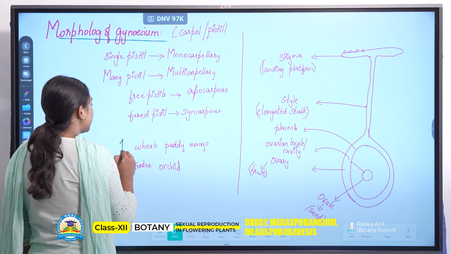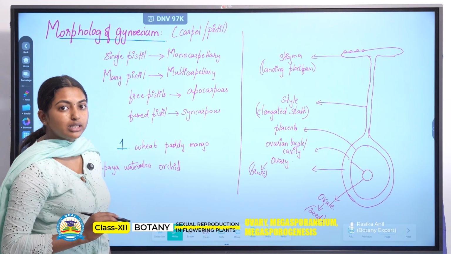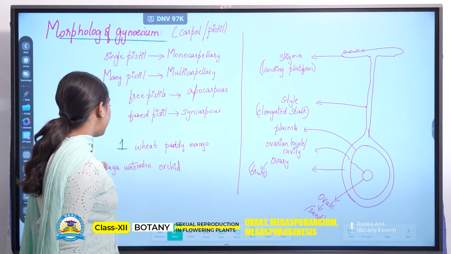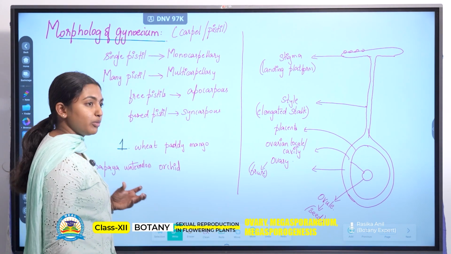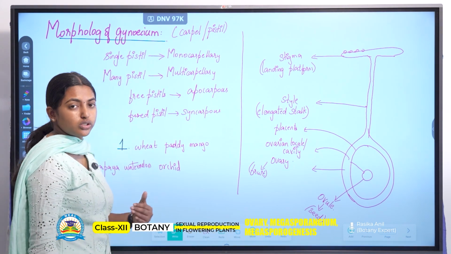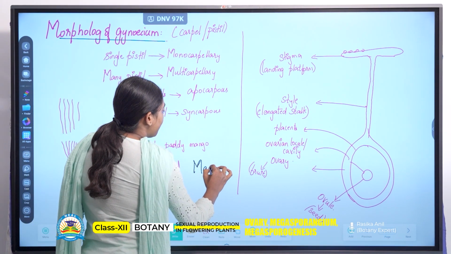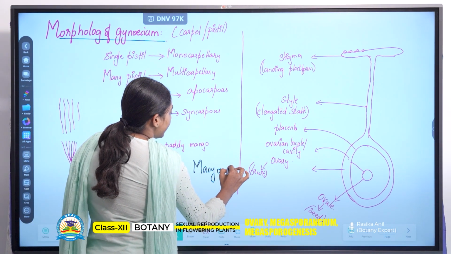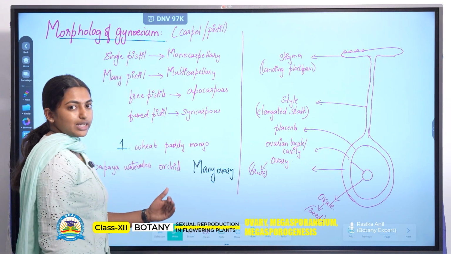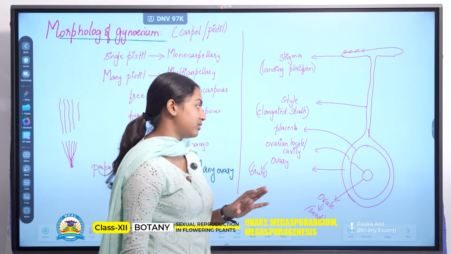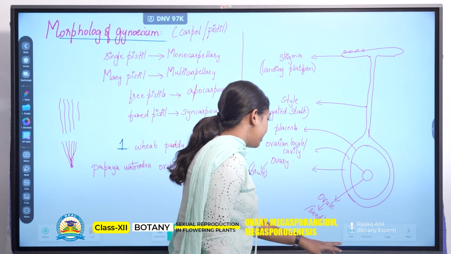You just find a single seed, which means they are plants which have only a single ovule in the ovary. And look at papaya, you have many seeds. Watermelon also has many seeds. Orchids also the same thing. So they are the ones which have many ovules. This way you can easily remember. Examples are the place where they ask questions and it becomes very tricky at the end.